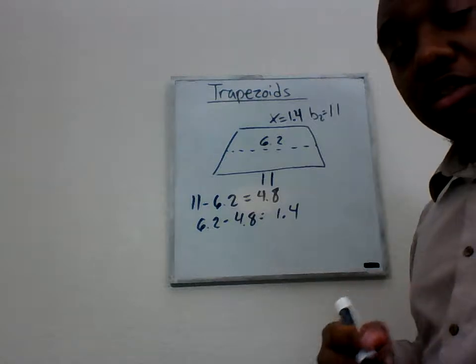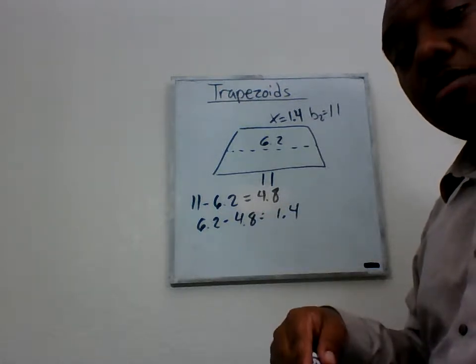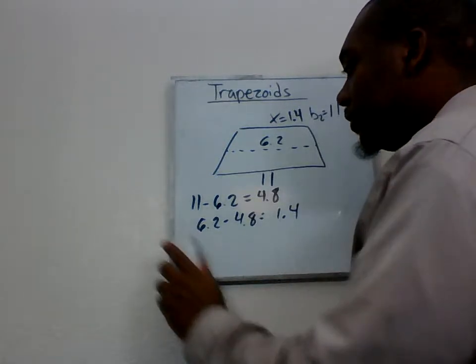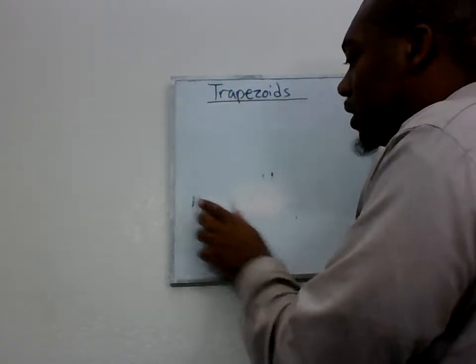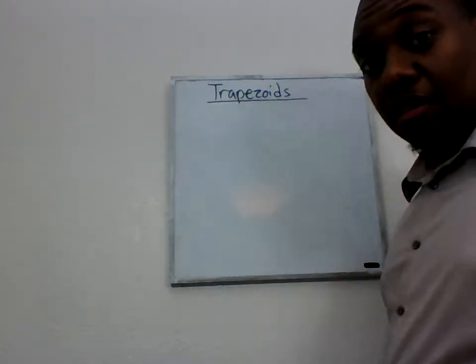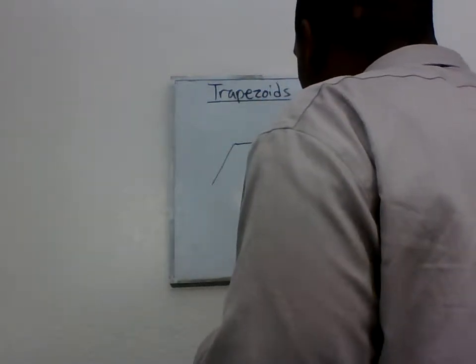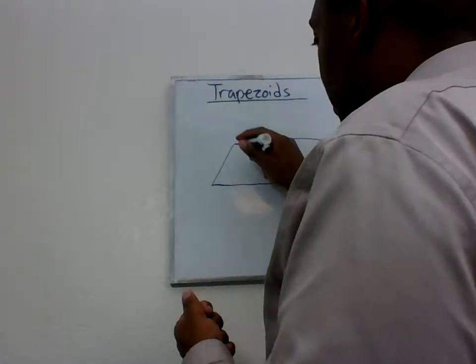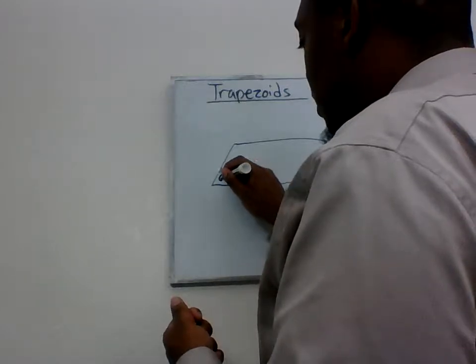So I also said that with trapezoids, you can use things that you've learned with trigonometry in order to solve for other pieces, and that is true. So I'm going to erase this now, and just leave an open-ended thing for you here. So let's say we have a trapezoid. And let's say that within this trapezoid, this is 60 degrees.